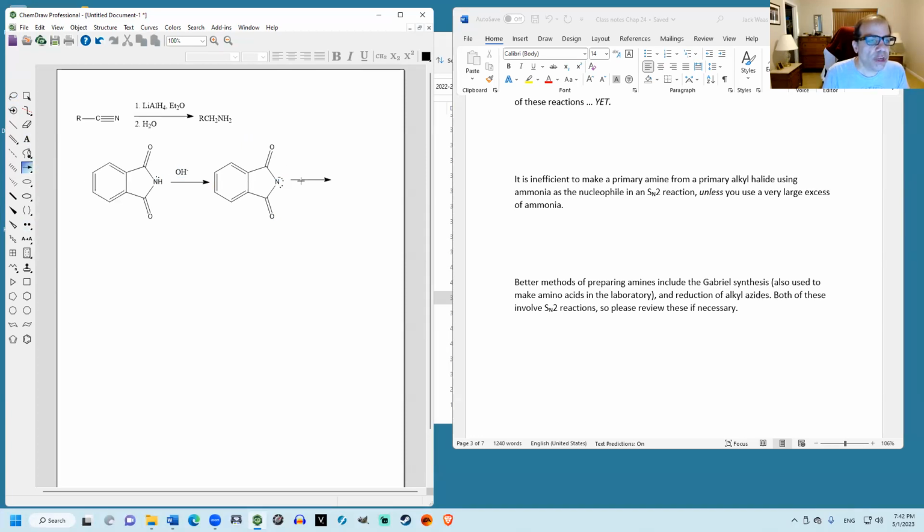And then treatment with any alkyl halide, preferably primary. Really want to draw it like this.